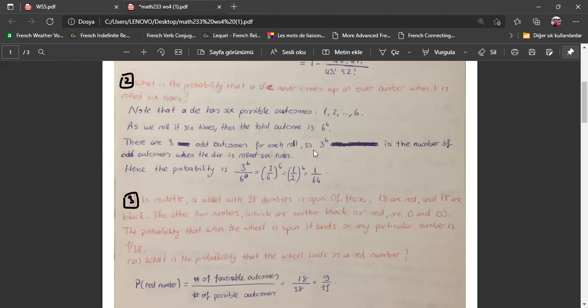So when we roll it 6 times, we get 3 to the 6. Now, what's the probability? Here we have 3 to the 6, the number of events we want, and all possible outcomes are in the denominator, which is 6 to the 6. So we have that.